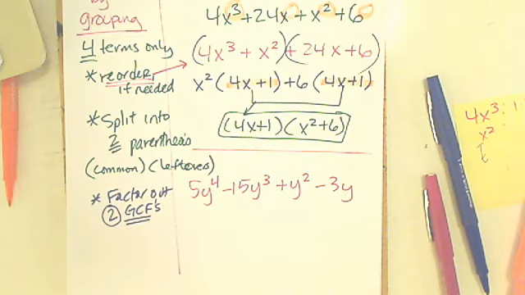Is it in power order? Yes, it is. Two parentheses. Take out GCF 1, GCF 2. On the common, extracted, two parentheses.